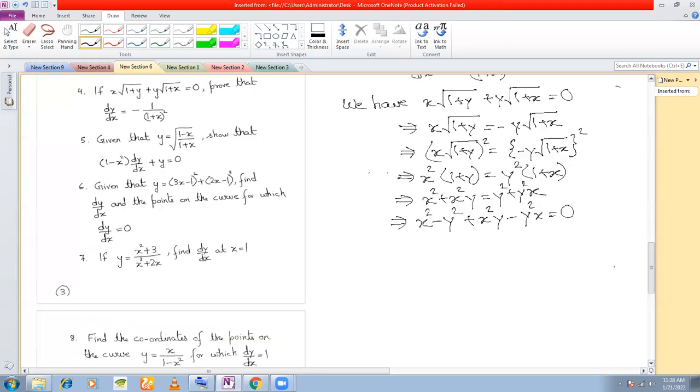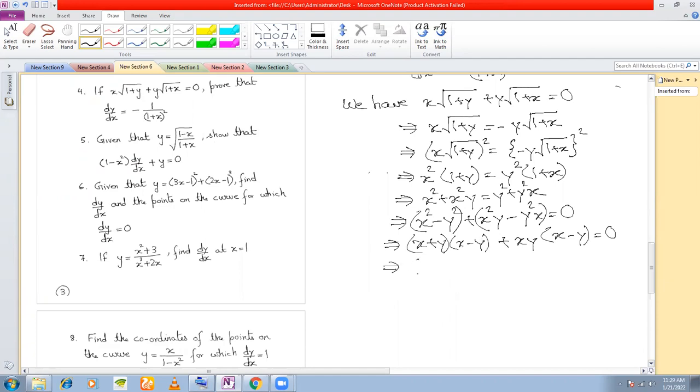Why did we take them together? We have grouped these terms because we want to factorize this. So x square minus y square is x plus y into x minus y, and here I can write x minus y into x minus y is equal to 0.